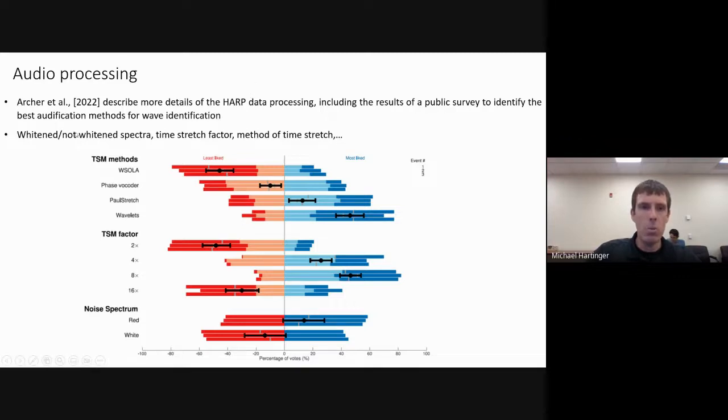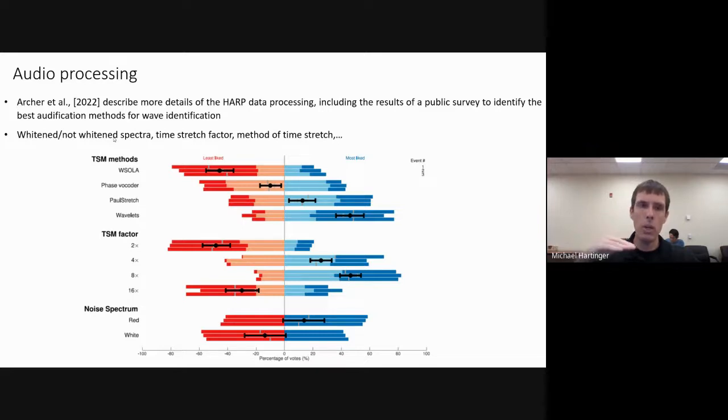What we gave them was a few different options for different sounds to listen to, including how much time stretch we would do, what type of time stretching, and also this other feature about whitening or not whitening the spectra. This gets into the fact that people have different high frequency sensitivity with their ears.